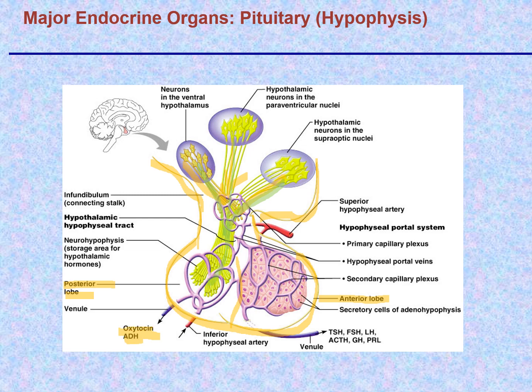On the other side, you have the anterior lobe, which itself does get hormonal signals coming out of the hypothalamus. The hypothalamus can produce hormones that go into the bloodstream and then come down to the anterior lobe, and that will trigger synthesis of the anterior lobe's hormones.